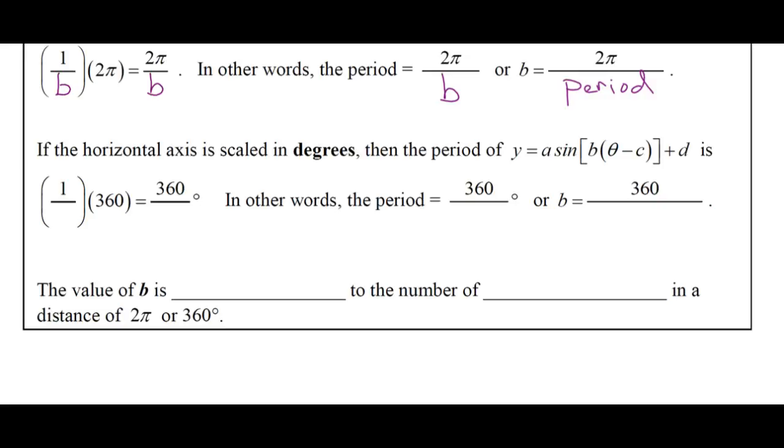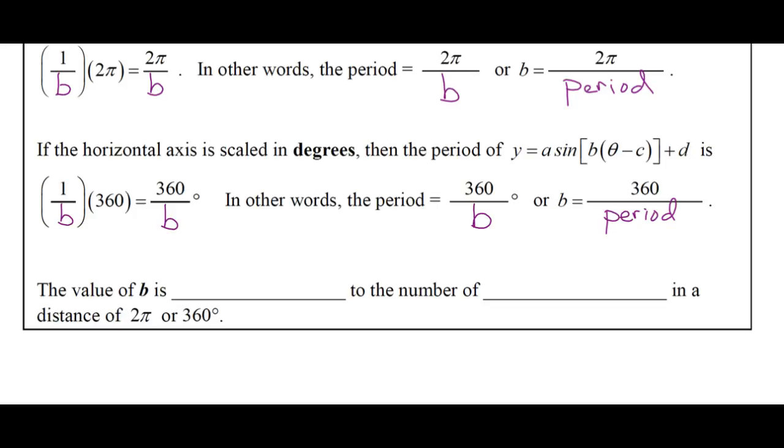So if I show you a sinusoidal graph, you should be able to come up with the equation: here's the midline, this is the amplitude, what's the period, etc. If the horizontal axis is scaled in degrees, then the period is 360 over B degrees, or B is 360 over the period, right? If we're measuring in degrees.